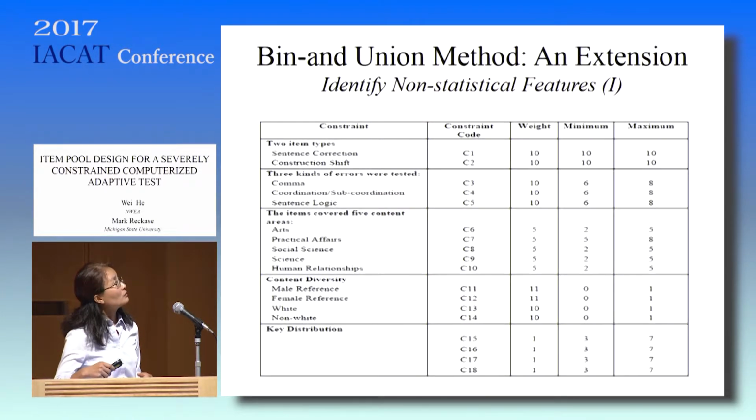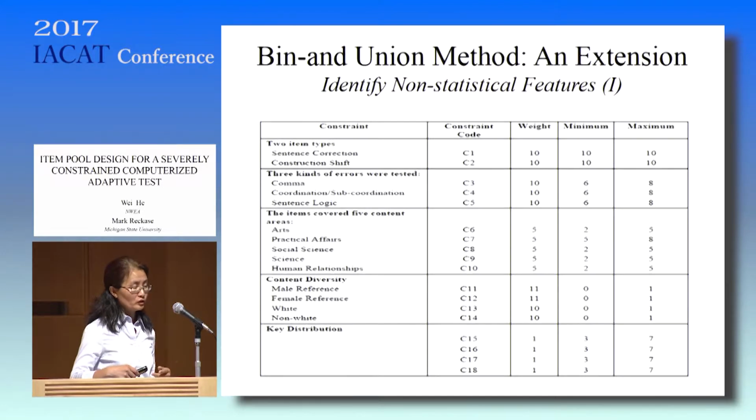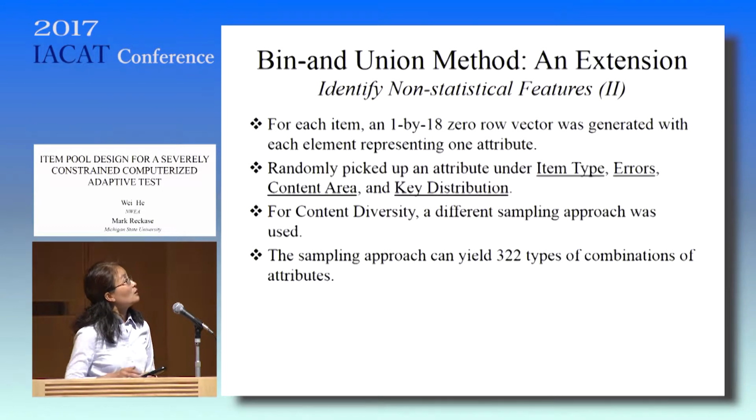Now, how to identify non-statistical features? Basically, that requires a very close review of the test blueprint, trying to understand the relationship between those items' non-statistical attributes. So, specifically, to identify the item's non-statistical features, we need to do the following things. Recall that there are 3 attributes that need to be taken care of by this test.